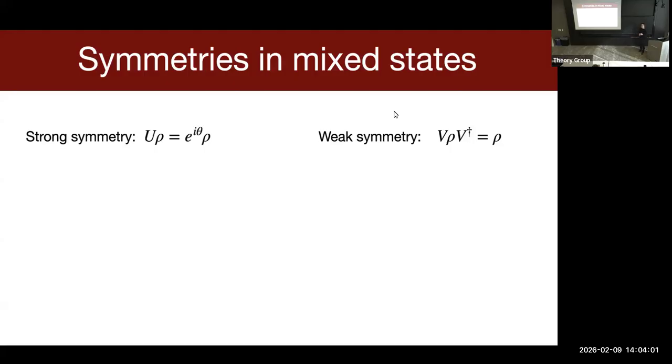On the other hand, if I act on the right and left by conjugation, this will always be another density matrix, whether or not it's the same as the original. So acting with the symmetry just on one side, it may not turn the density matrix into a density matrix, but nevertheless, it's still a useful operation to do on a density matrix.